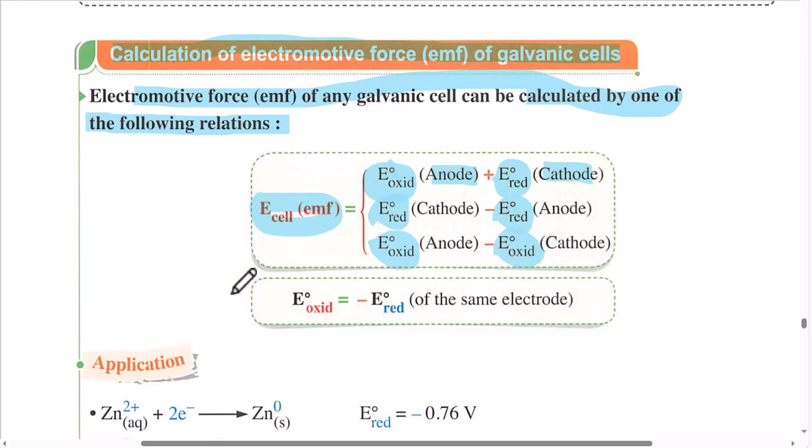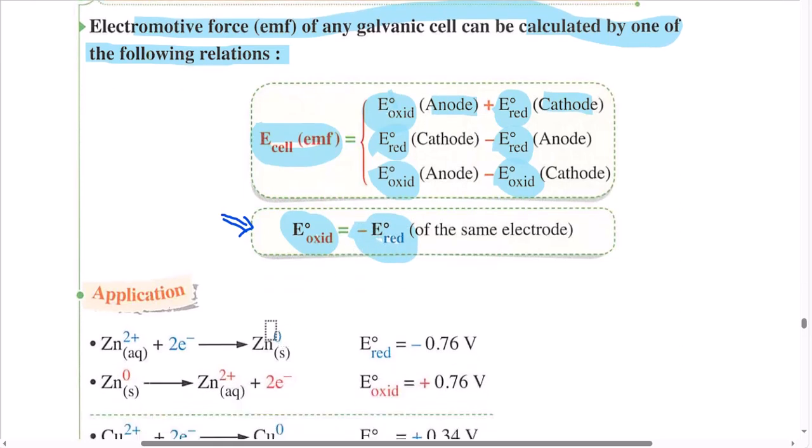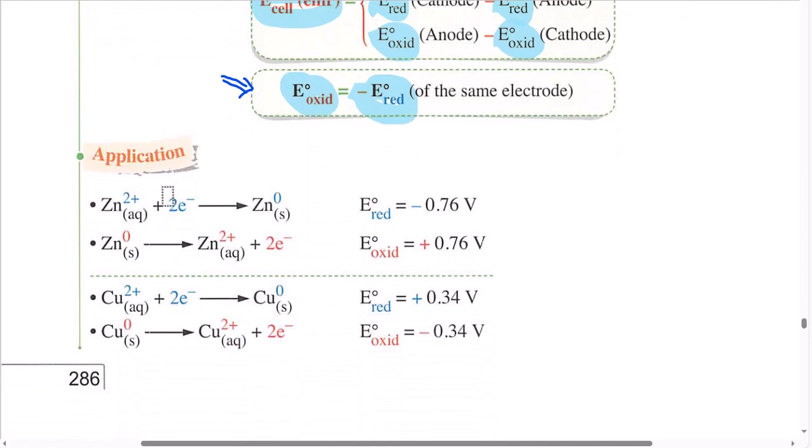And there is a very important piece of information, which is that the standard oxidation potential of an electrode equals minus the standard reduction potential of the same electrode. Here we have to distinguish between the oxidation potential and the reduction potential.